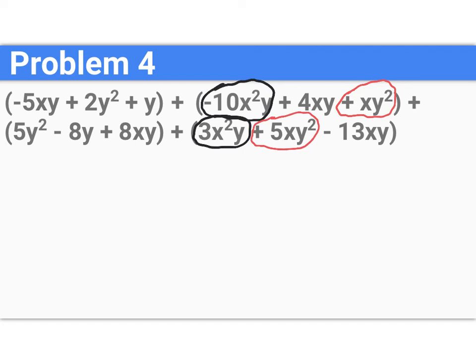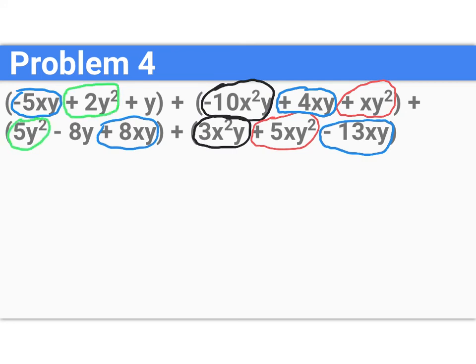Then we move to xy in blue. And please do not forget the signs in front of the symbols go with the coefficient. We had this xy and this xy. And then green will show you the y squared. If there's no sign in front of the coefficient, it is positive.